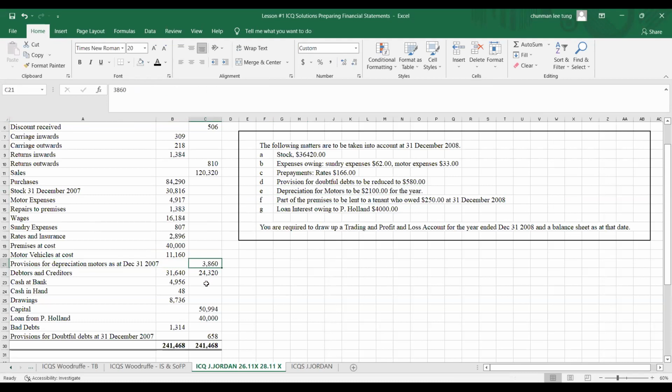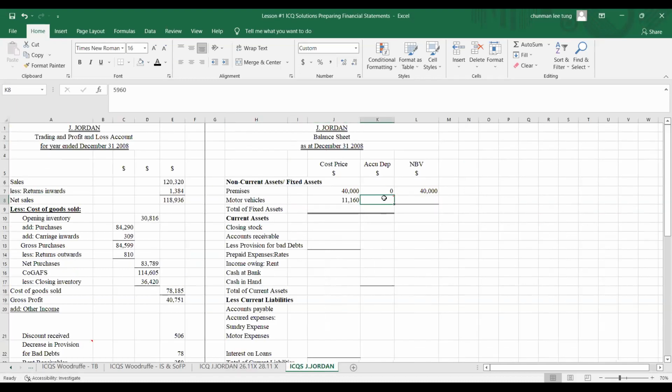So how do you know what will be your accumulated depreciation? Accounts requires a lot of common sense. If provision for depreciation of $38.60 is in our trial balance, and there's a depreciation for motor vehicles of $2,100 outside the trial balance, accumulated depreciation, which means total depreciation, will be our $2,100 plus our $38.60.